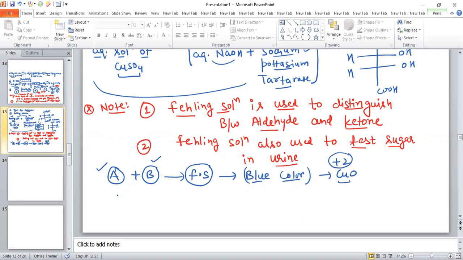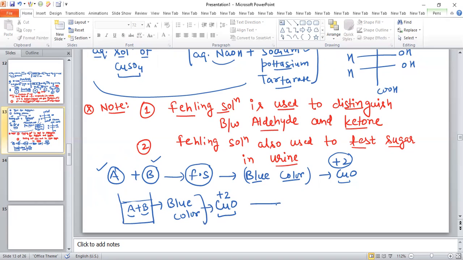So basically you can see this in the form of a test tube also. In the test tube, we have Fehling's solution A and Fehling's solution B, and this solution initially has a blue color. This blue color is due to cupric oxide, because cupric oxide has copper in +2 oxidation state.